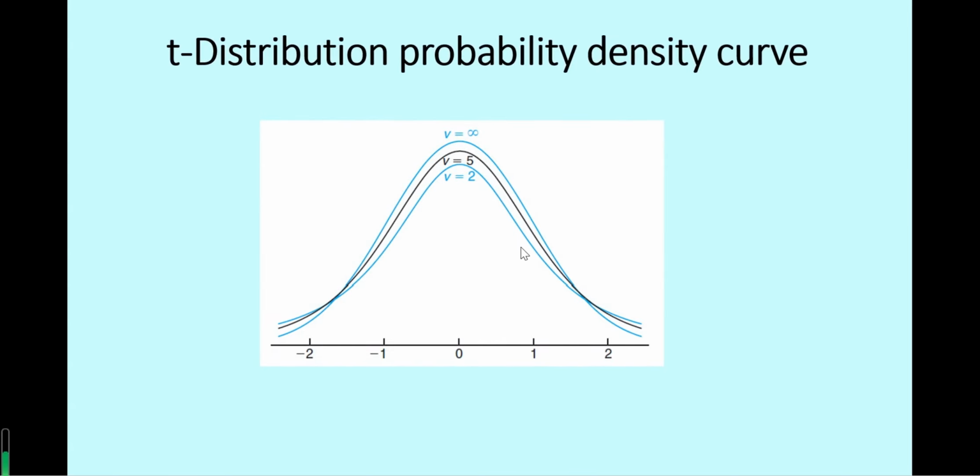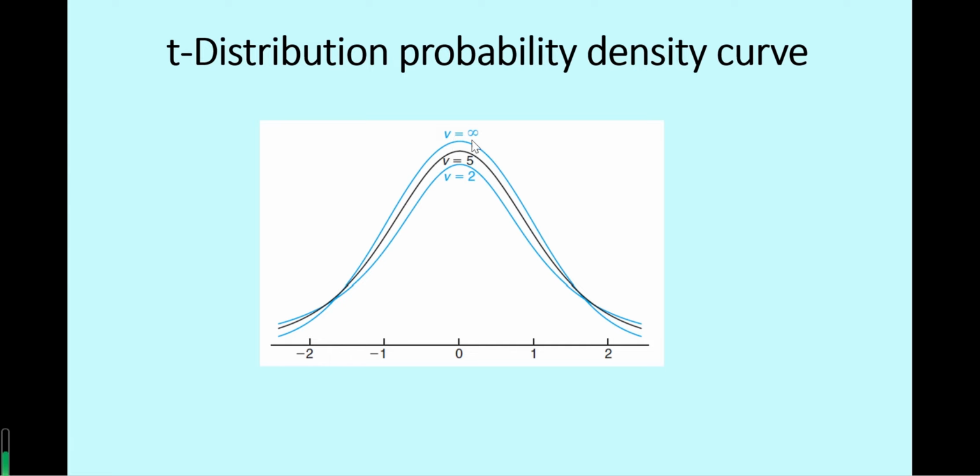So in this figure, there are 3 t-distribution density curves. This one is for the t-distribution with degrees of freedom equal to 2. The middle one is degrees of freedom 5, and the highest one has very large degrees of freedom.